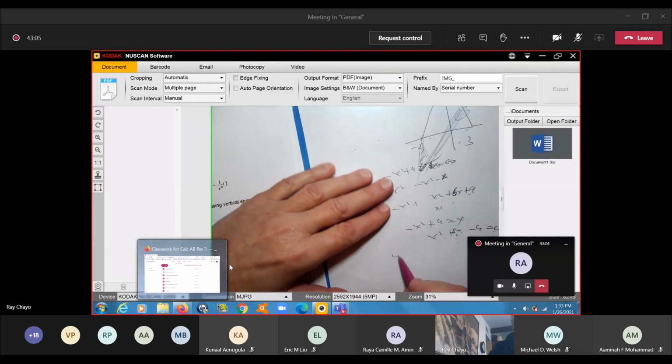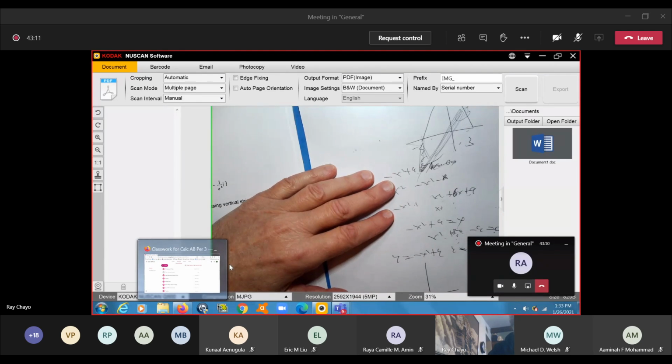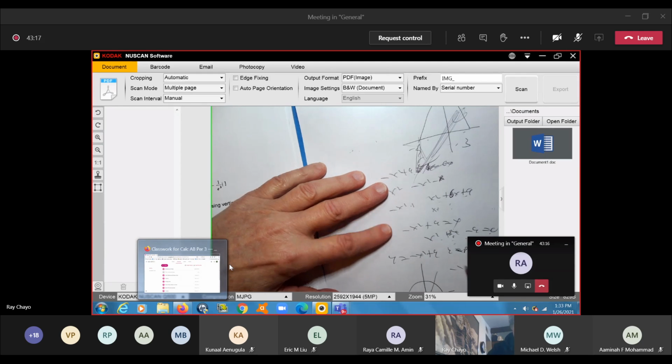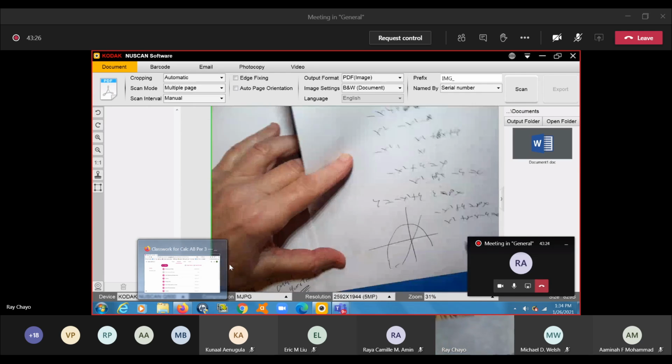that is this and this. So you set them equal. So you get x squared plus 8x minus 9 equals 0, and you can factor it.